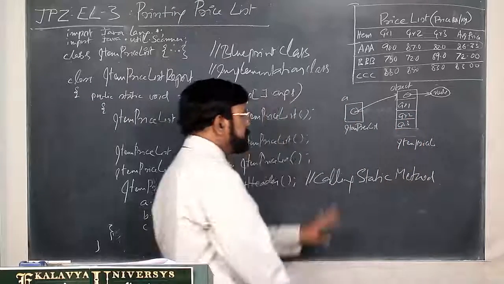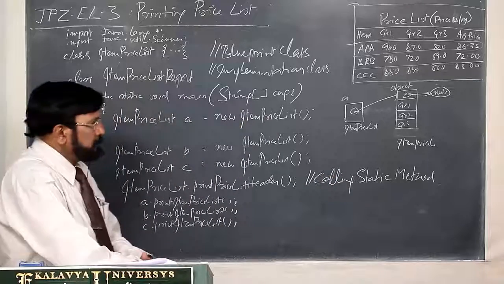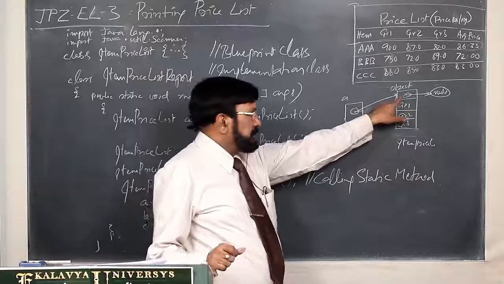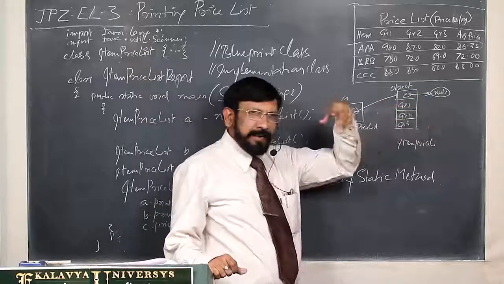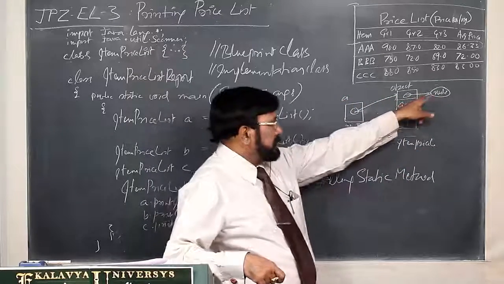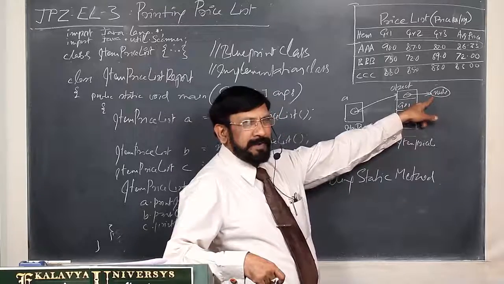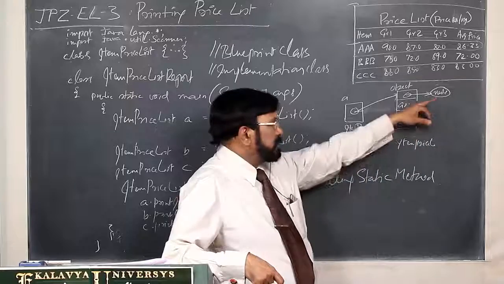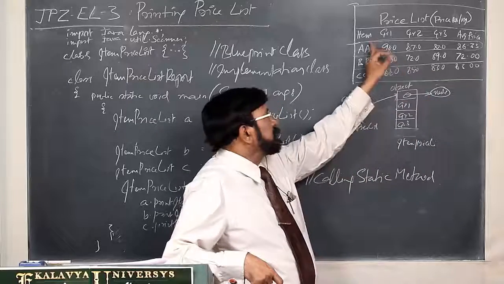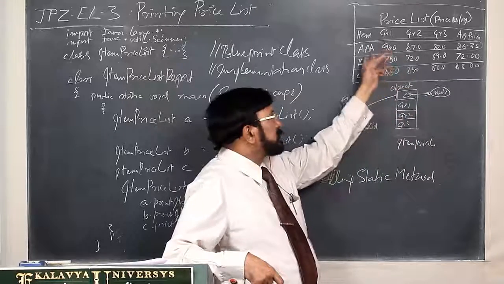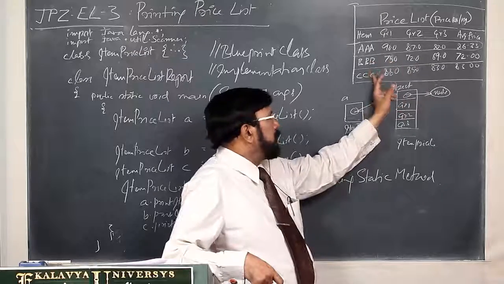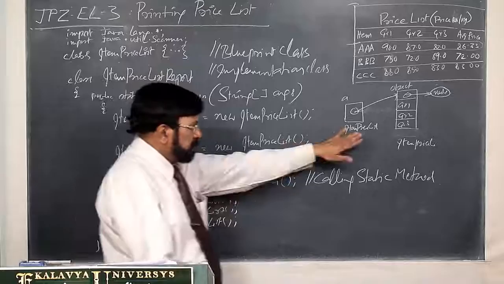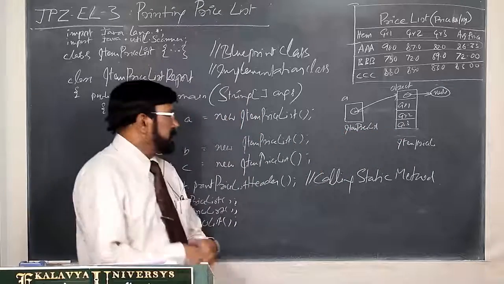This mental picture you should form. Now this is a string, so until you give the name, it is null. By calling the constructor, you are entering values. Null is replaced by triple A, and next triple B, and triple C. Like that you have to imagine. This is the picture you should form.